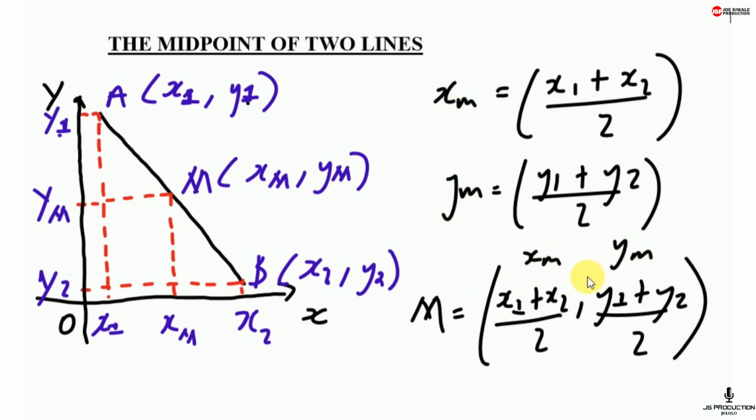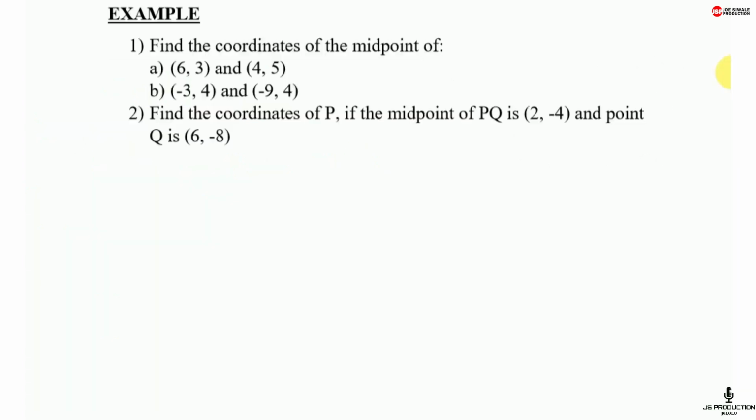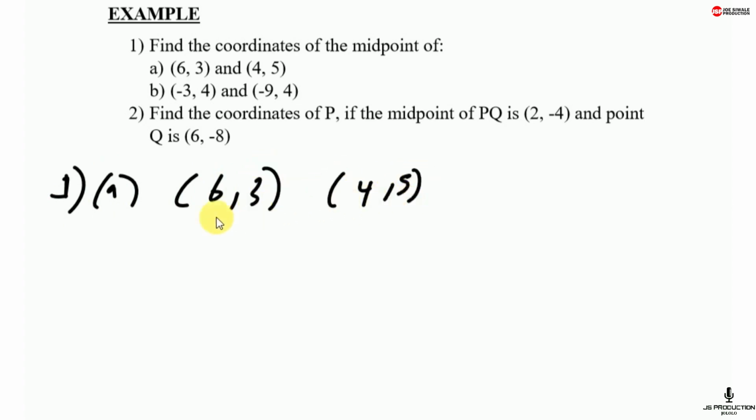Let us now look at the examples. Example 1 reads, find the coordinates of the midpoint of A 6,3 and B 4,5. So my A there has coordinates of 6,3 and B 4,5. The first thing that I'm going to do is to write my x1 and my y1.